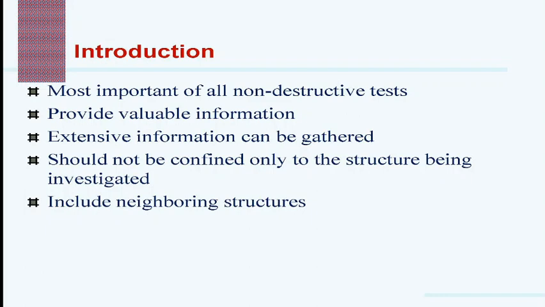These include, for instance, cracks, spalling, disintegration, color changes, weathering, or lack of uniformity. Extensive information can be gathered from visual inspections to give a preliminary indication of the condition of the structure and allow formulation of a subsequent testing program.